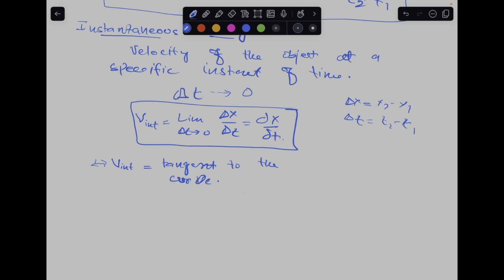So we can find average velocity and instantaneous velocity using the graphical method.